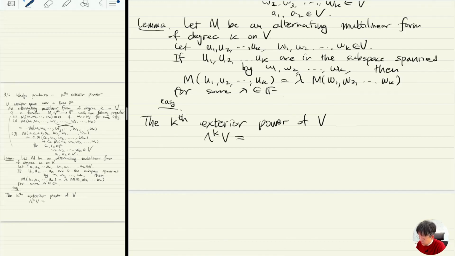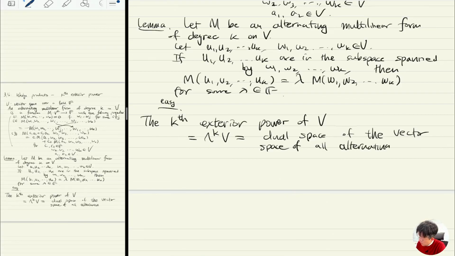We write this notation for the dual space of the vector space of all alternating multilinear forms of degree k on V.